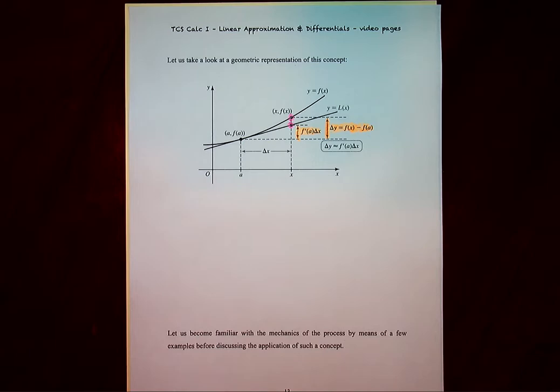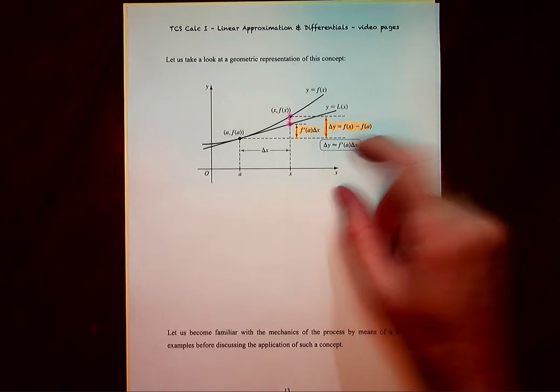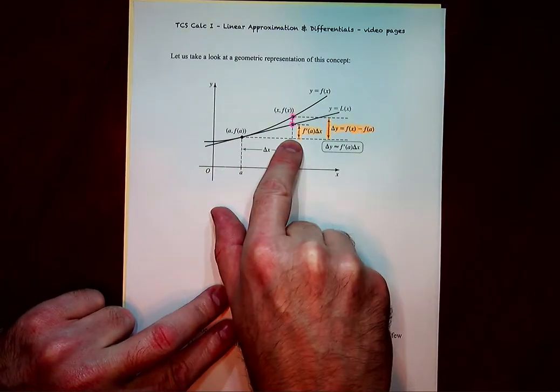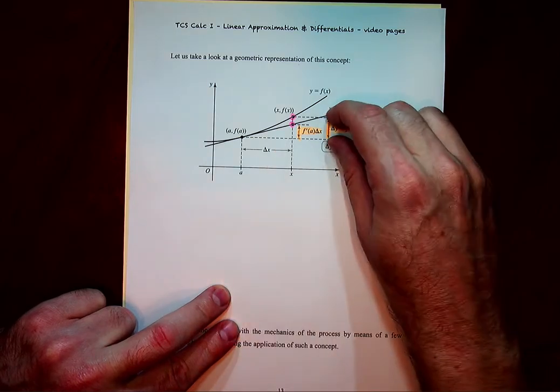And the difference is this. Our dy is going to be the approximate function value change, and the delta y is going to be the actual. Notice that in this picture right here, the delta y is the difference between the output from here to the output to here on the original function.